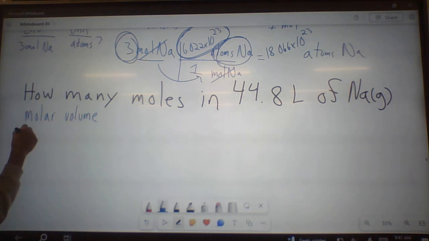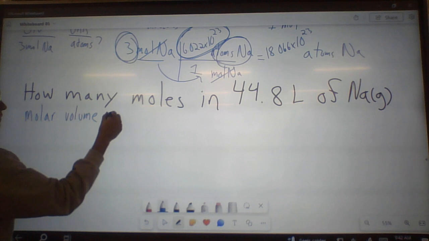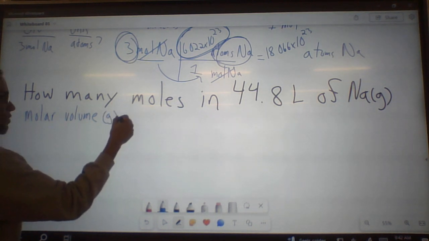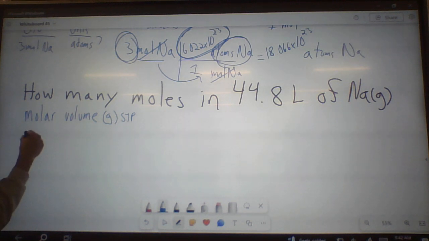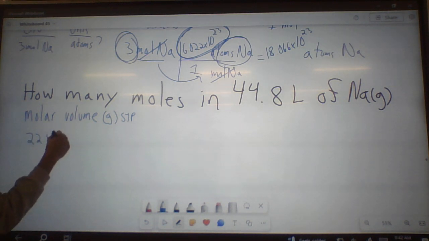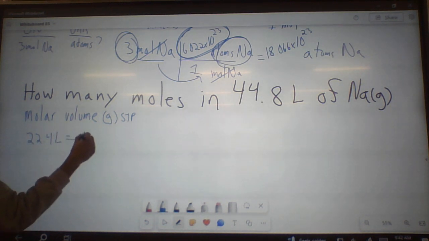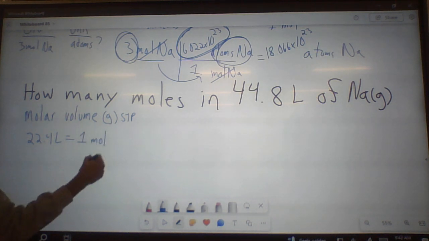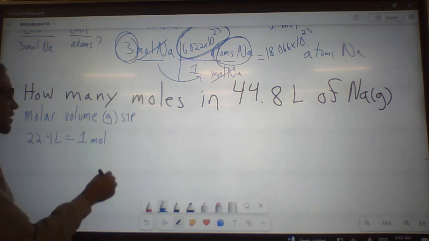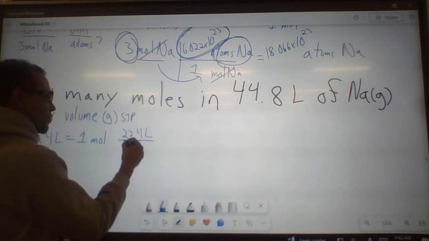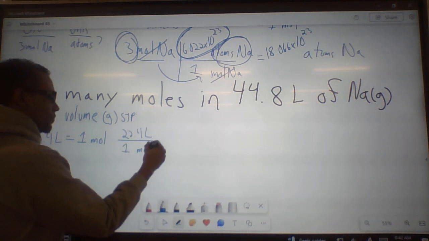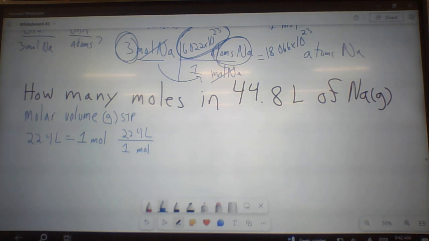Molar volume tells me that for a gas at room temperature, or at STP, we have 22.4 liters, and that's going to be equal to 1 mole. If I wanted to write this as a ratio, 22.4 liters for every 1 mole. Oh, this is too easy.